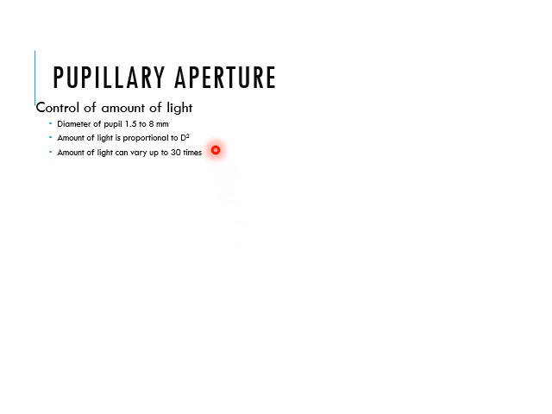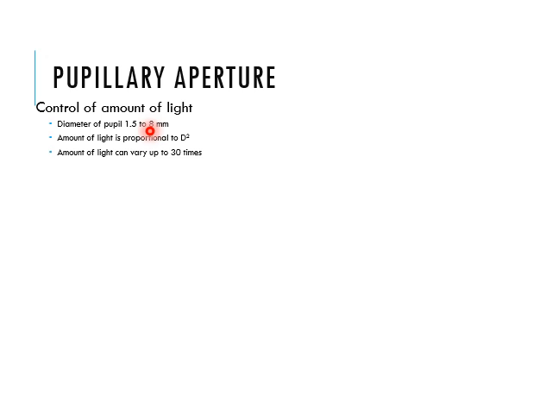Now, pupillary aperture is very important in the focusing of light and its control. It controls the amount of light. For example, in the daytime you don't want a lot of light to enter, so the pupil constricts, and at nighttime, where you want a lot of light, it dilates.